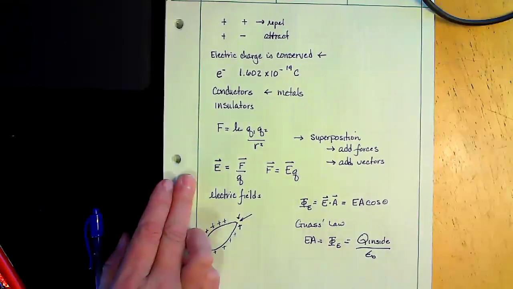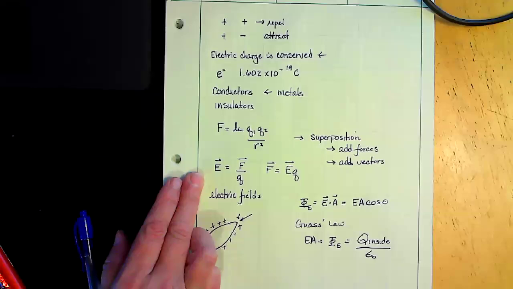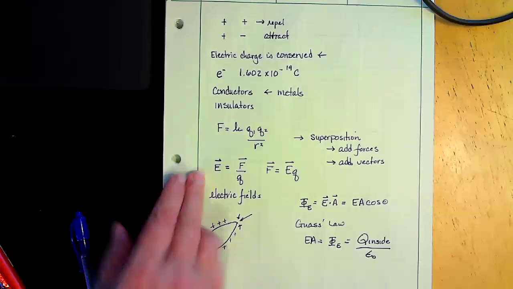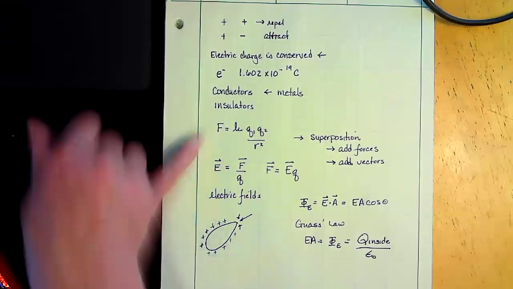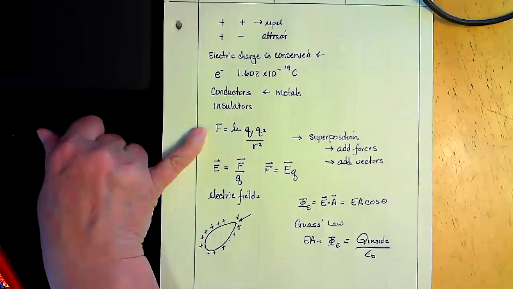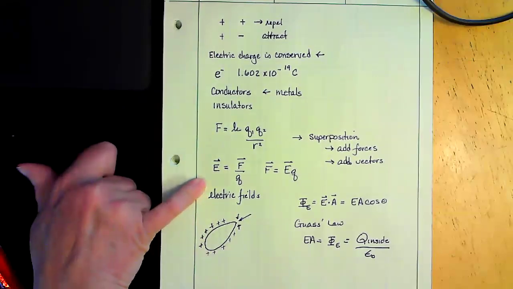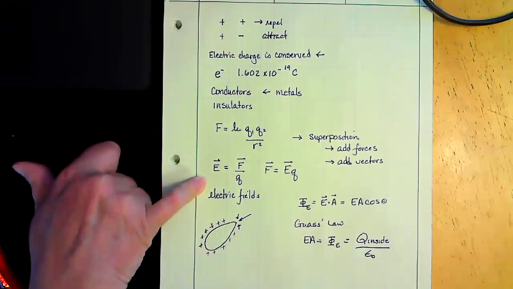Being able to generate electric fields becomes important because we use that electric field in a lot of our analytical instruments. Typically we're not sitting out there trying to measure the force off of an individual electron. That's just not something that we're doing. But how to use and manipulate electric fields does come into play.